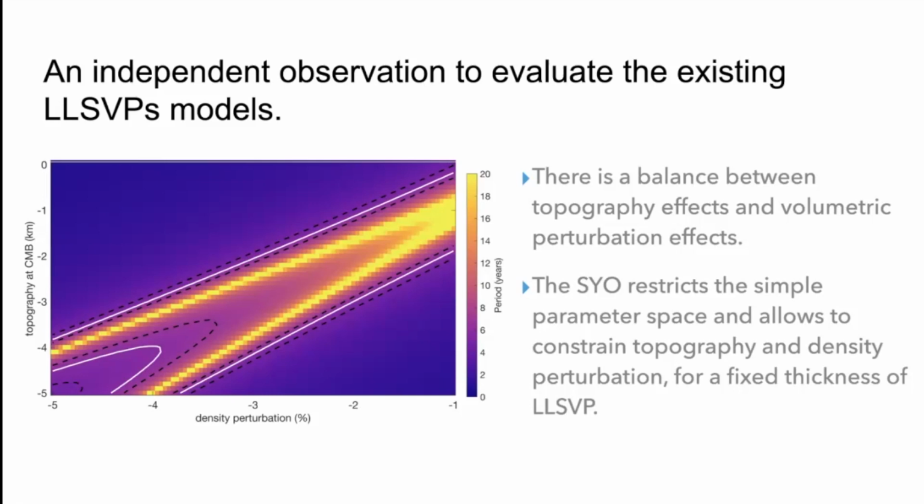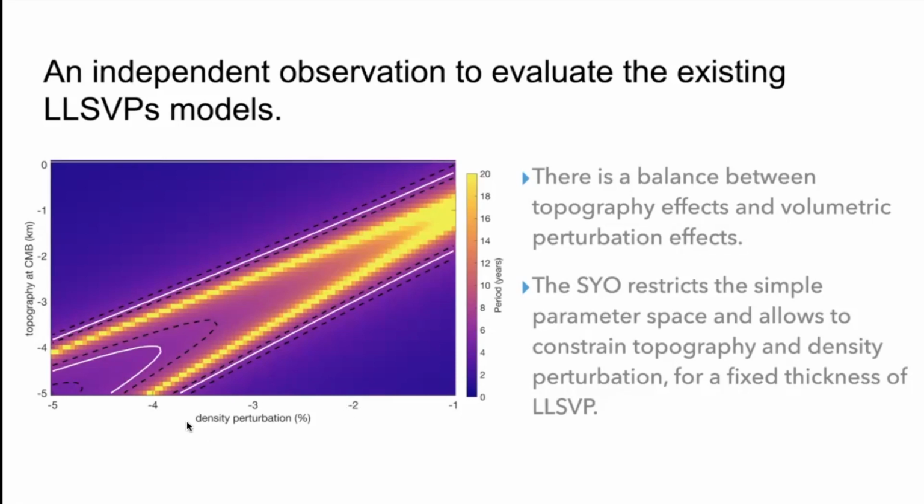So we have this independent data point that can give you an idea whether or not it fits the rotational dynamics. And this 6-year oscillation restricts the parameter space, as I said, and it constrains topography and density perturbation for a fixed thickness of LSVP.